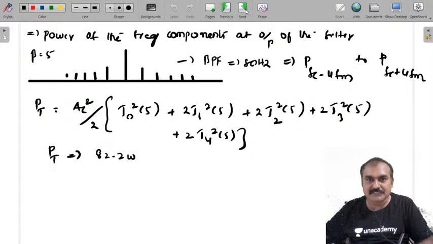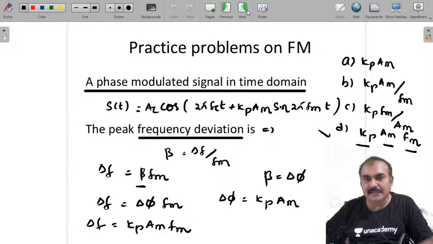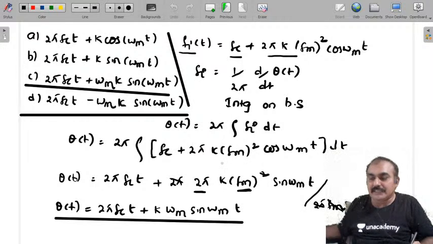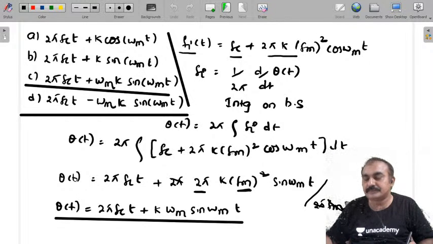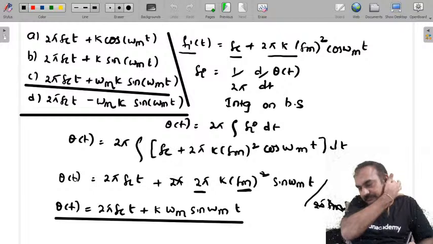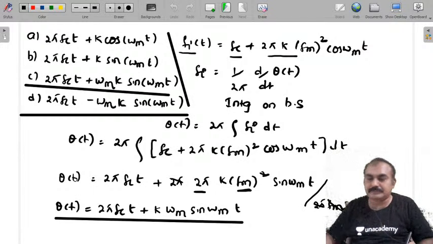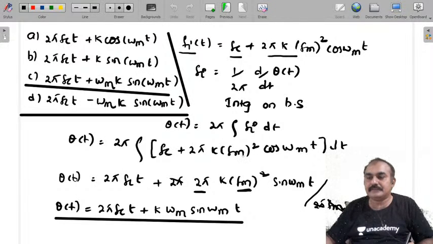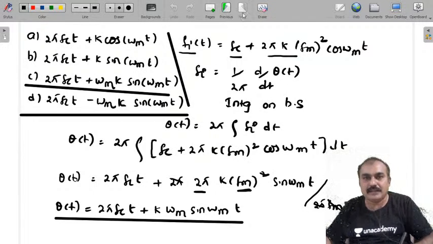This is also clear. So what is the integration? The integration of cos omega t is how much? Integration of cos theta is what? Up to here everyone is clear? Okay, chalo, I am going for the next one.